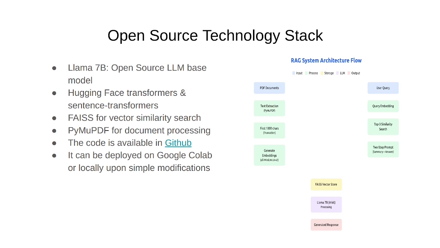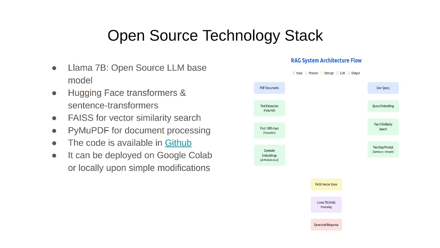So on the right-hand side, you see the system flow. The blue boxes represent the inputs, PDF documents on the left, and the user query on the right. PyMuPDF extracts text, which we truncate to the first 1,000 characters. This is one of the assumptions I made to implement the system.